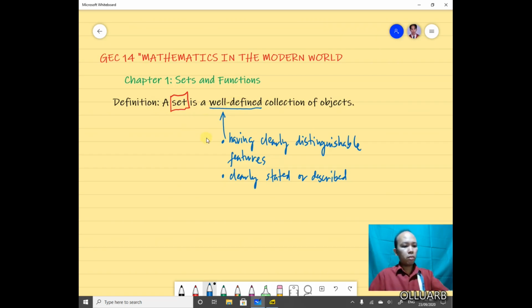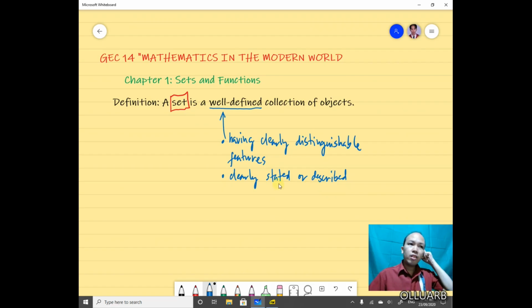So if you look at the meaning of the words well defined, when you say a set, it is not just like collecting an object. There must be something that makes it more clear, meaning distinguishable features. It is clearly stated, or as you can see here, described.